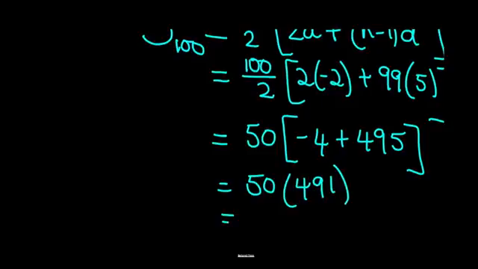So that would be 5. So that would be 24550. Because 5 times 1 is 5, 5 times 9 is 45, carry 4, 5 times 4 is 20, 24. Okay, so it looks like if I add all those 100.